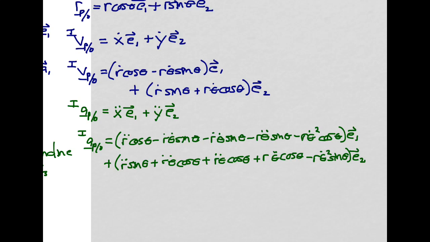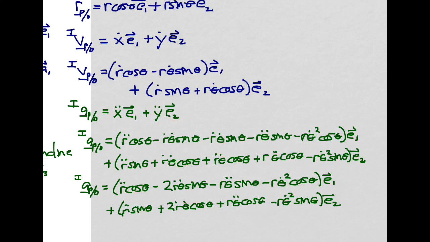And when we collect our terms, we simplify the expression a bit, and we get this expression in which we're able to combine a couple of our terms here in the middle.